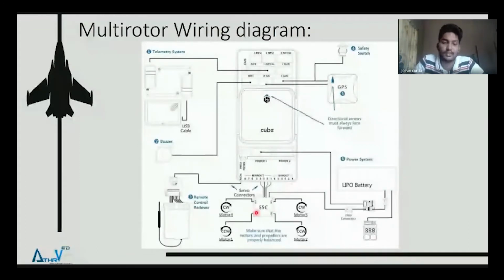The ESC, in terms of the PWM output, the signal output from the flight controller, regulates the signals to each of the motors, and they rotate accordingly. It should be noted that the lipo battery's raw power, that is the native voltage, should be fed into the ESC directly, and then the battery elimination circuit is used as a precautionary measure.